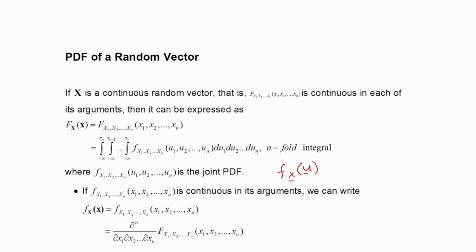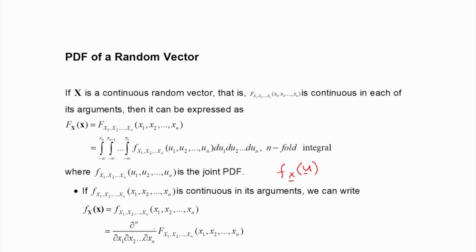Now, this PDF also inherits the properties of joint PDF. For example, here we can find out the marginal PDF. Suppose I am interested to find out the marginal PDF f_X1 at point x1, how will I get it? It is the n minus 1 fold integral.